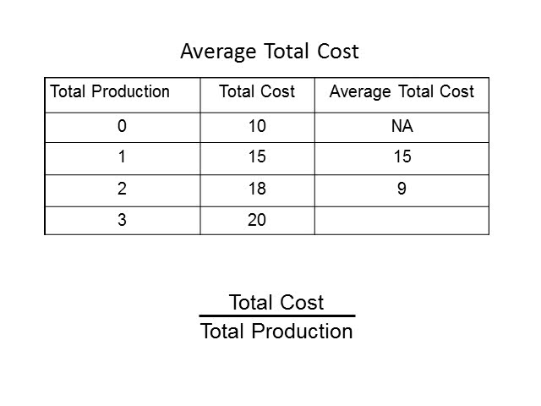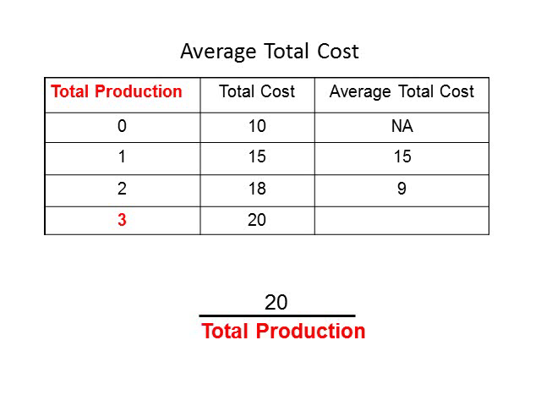To start the process of calculating the average total cost for the fourth row of numbers, write down the formula for the average total cost, which is total cost divided by total production. Next, locate the total cost column on the table and locate the total cost in the formula. Notice that the total cost for the production of 3 printers is $20. Next, substitute in $20 for the total cost in the formula.